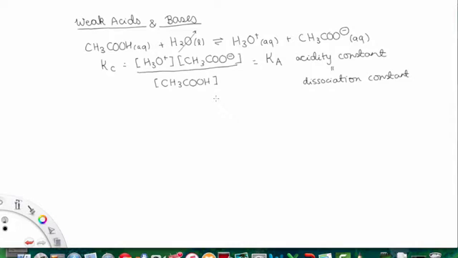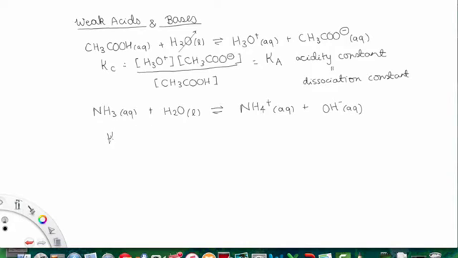A proton transfer equilibrium can also be written for a base in water. As an example, we have NH3 in water going to the ammonium ion, NH4+, and the hydroxide ion, OH-.